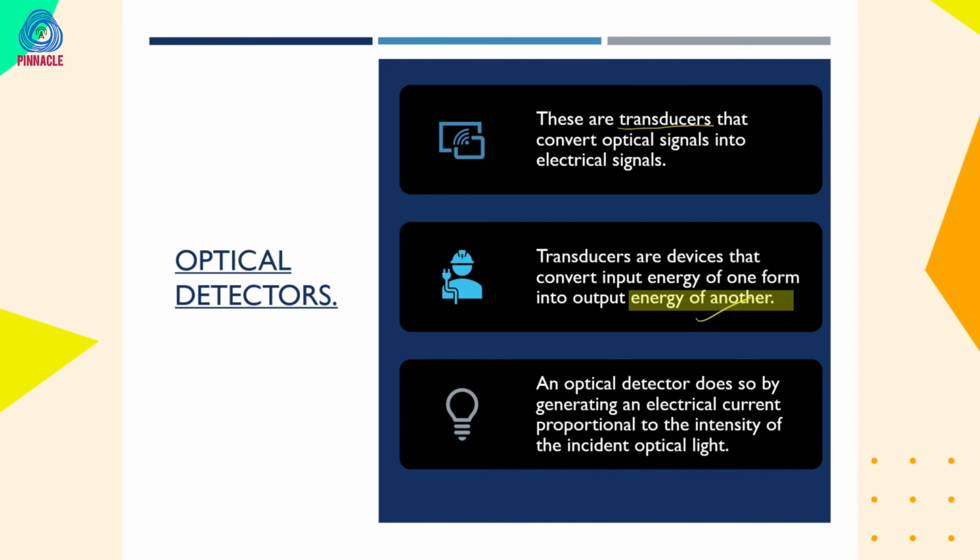In our case, the optical detector generates electrical current, and its output is proportional to the intensity of the incident optical light, because the input is optical light. So the optical detector is a transducer which generates electrical current proportional to the intensity of the incident optical light. This is the working of the optical detector in one line.